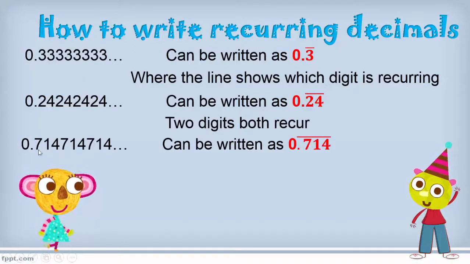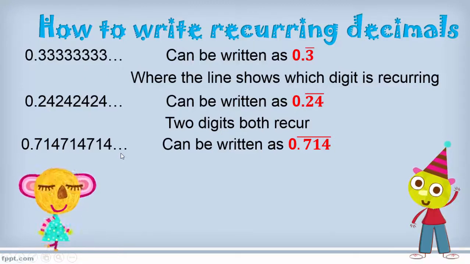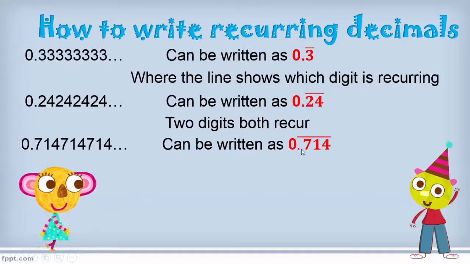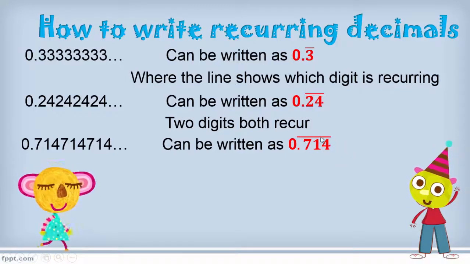In this case, we have 0.714, 714, 714 over and over again after the decimal point. So we can write 0.714 with the bar over it because it's the 714 that's repeating itself.